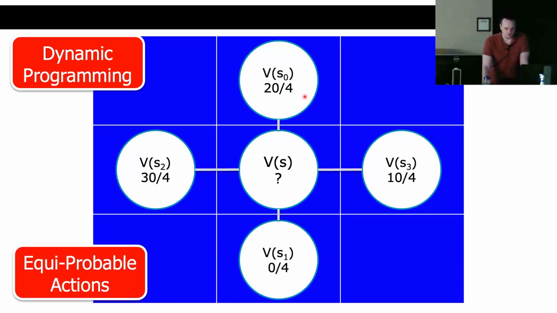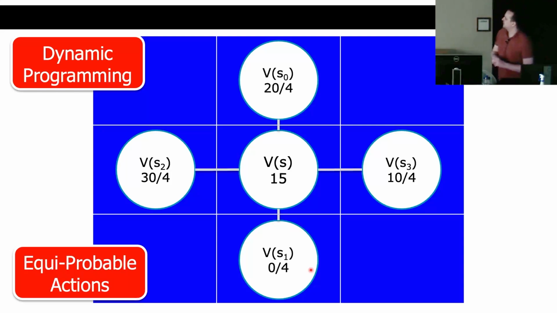If all of the things have the same denominator, add up the numerator and then divide it, right? So if we have 30 plus 20 plus 10 plus 0, what's that? 60 divided by 4? 15. So the value of this state is 15. Why? Because I had an equal chance of getting to a state with those values.